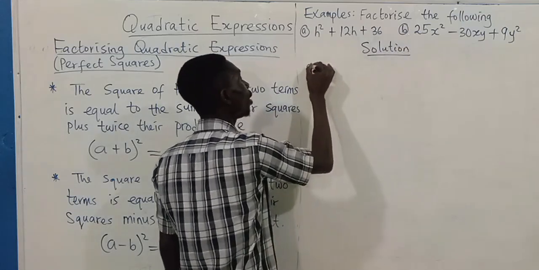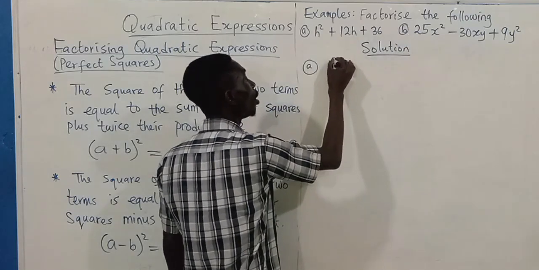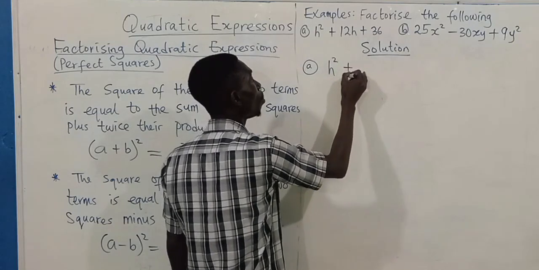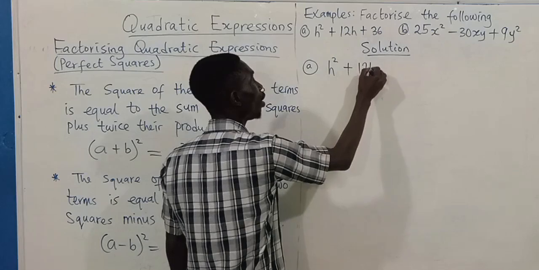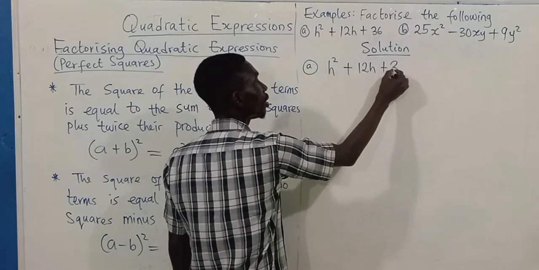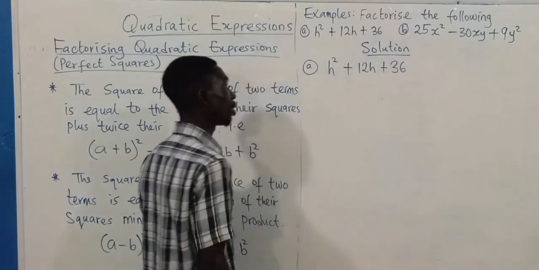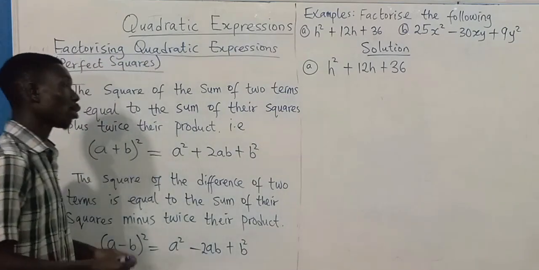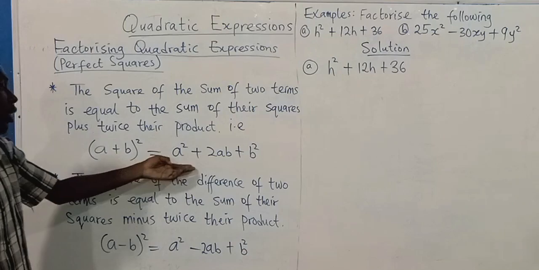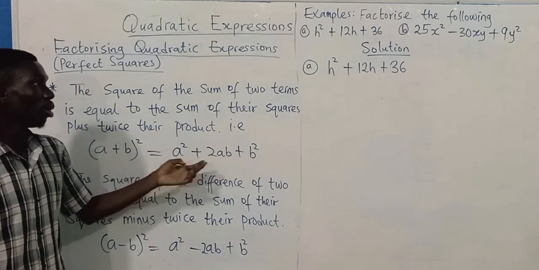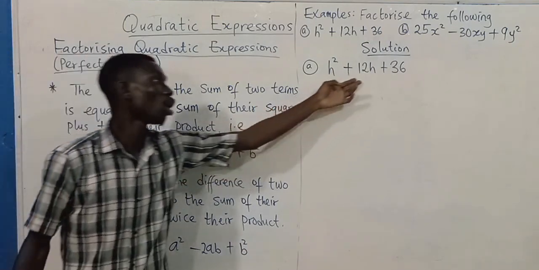So we have the solution. We have h squared plus 12h plus 36. I'm going to see if I can express it in this form, but we have plus plus all through.